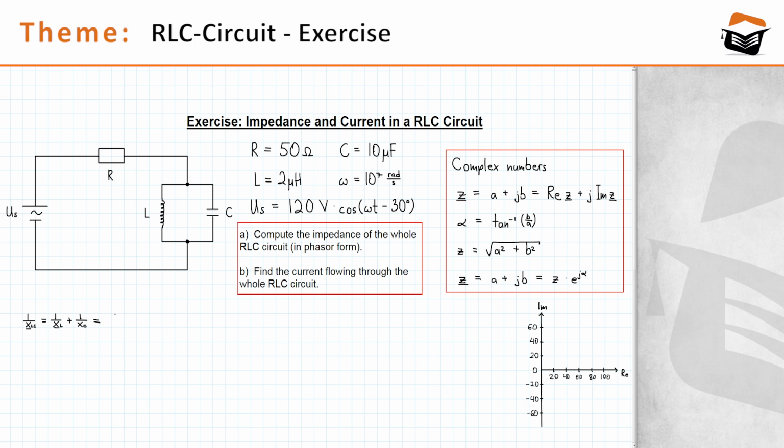And if you have followed the course, you know that the equation for XL that uses complex numbers is J times omega times L, and for XC it is 1 over J omega C. And J refers to the imaginary axis on the coordinate system.